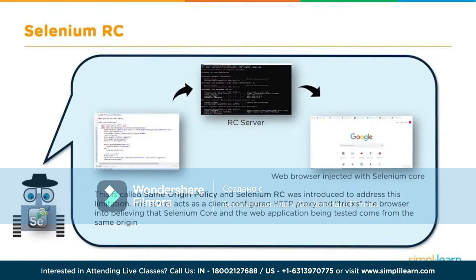So the same cycle gets repeated until the complete test case execution is over. For every command you write in your test script, it goes through a complete cycle of going through the RC server to the browser, collecting the results again from the RC server back to your test scripts. This cycle gets repeated for every command until your complete test execution is done.